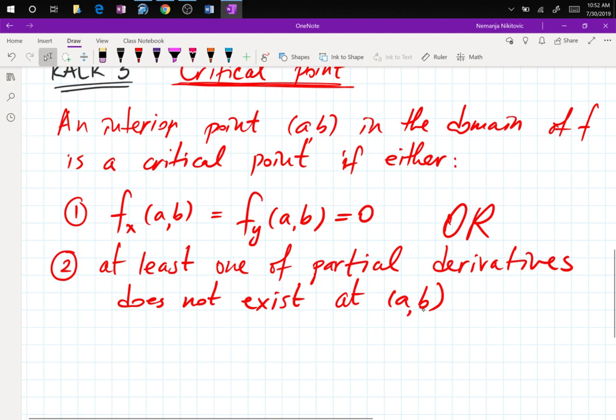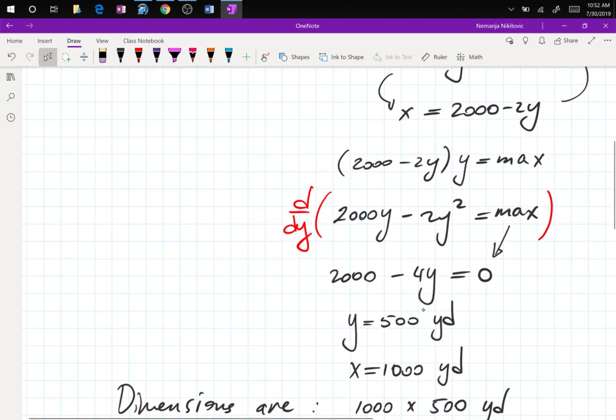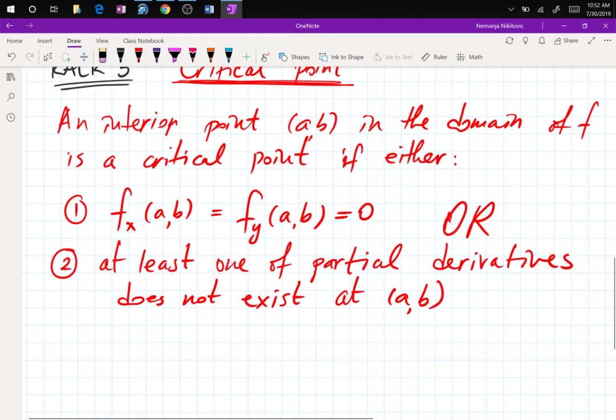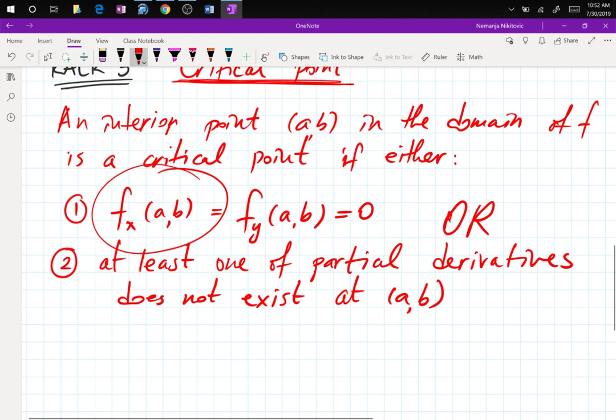Because earlier you had an equation and you just solved that equation, and got y equals 500, and woohoo, done. Now you have a system of equations, because fx is going to give you an equation, fy is going to give you an equation, so you have two equations, so you possibly have multiple points that satisfy them.